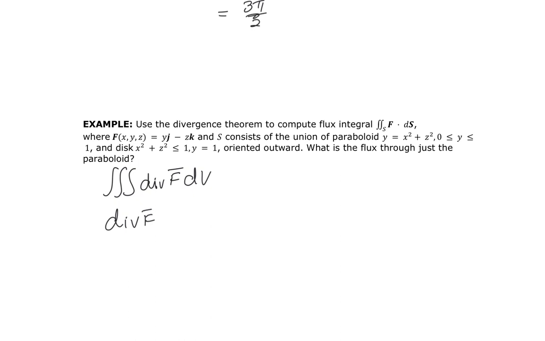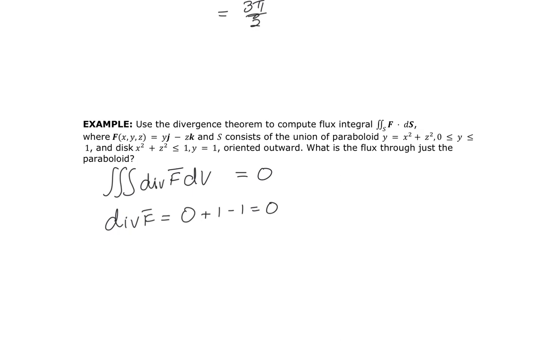P is 0, because I don't see an i, so I have P of 0. And then I have plus the Q with respect to y, which is 1, plus the R with respect to z, which is 1. That's 0. Oh, done. This is 0. Isn't that lovely?